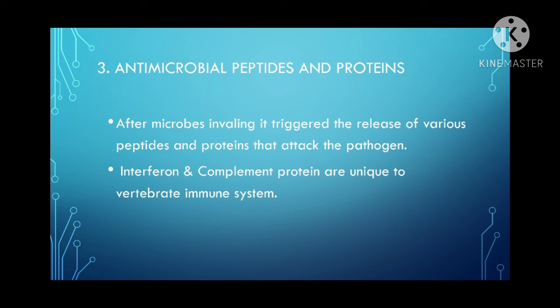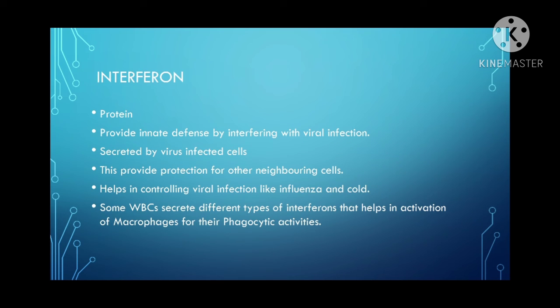Okay, interferon and the complement proteins are unique to the vertebrate immune system, present only in vertebrate organisms. So we'll discuss interferon. Its biochemical nature is proteinaceous, and it provides innate defense by interfering with viral infection.